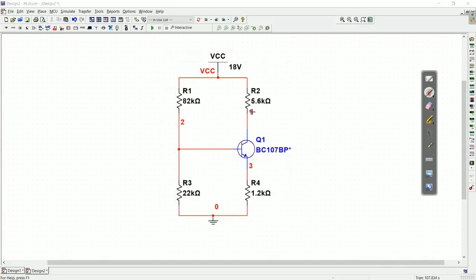Now we need the current flowing here, that is IC, and the voltage between these points, that is V1 minus V3. Let's get those values.